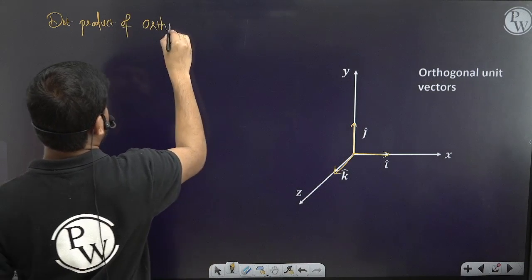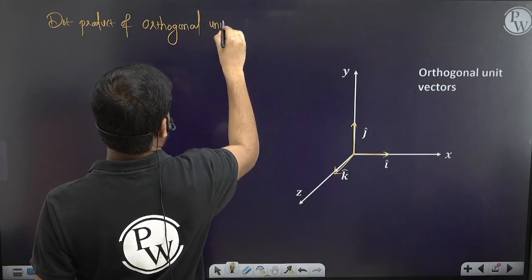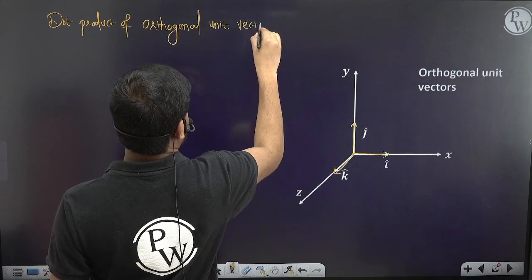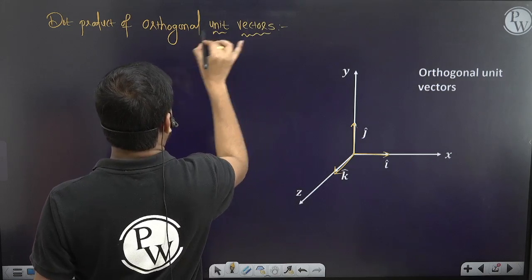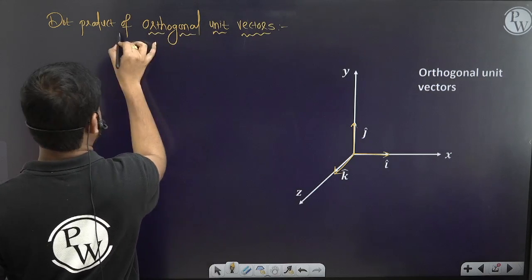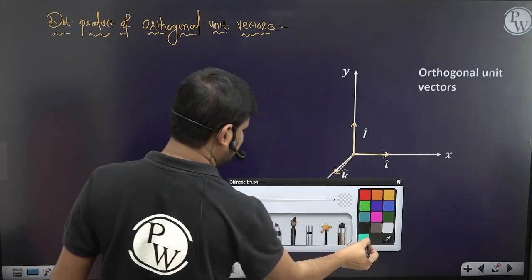First let's write i dot i, j dot j, k dot k. Then we'll go for i dot j, i dot k like that.